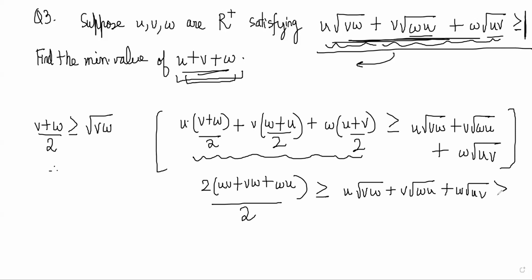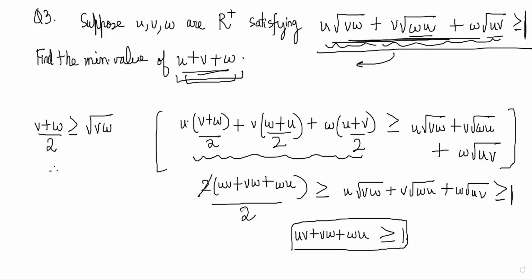So we can say this is greater than or equal to 1. So what we get from here is that UV plus VW plus WU is greater than or equal to 1, right? Because this 2 gets cancelled. So we have a nice result here, which is a quadratic expression: UV plus VW plus WU is greater than or equal to 1. And now we have to find the minimum value of this.